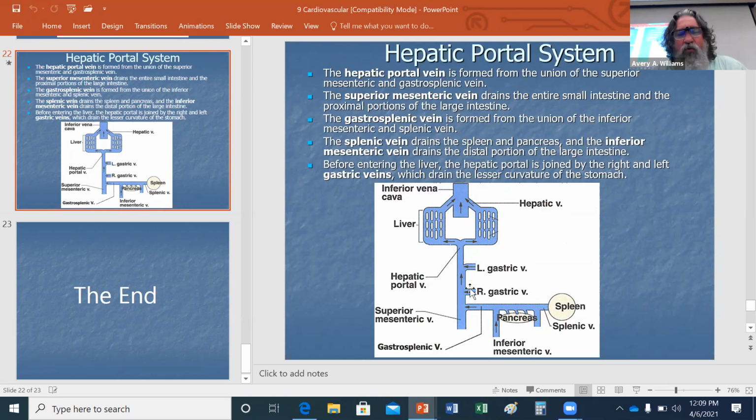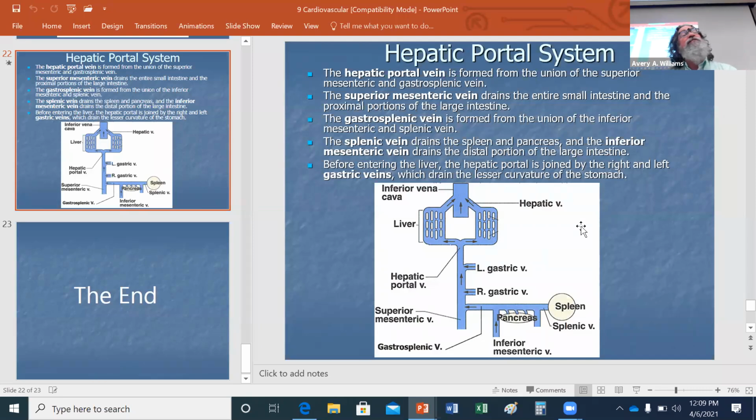And I said the hepatic portal is formed from the union of the gastrosplenic vein, this one right here, and then this one right here, the inferior mesenteric vein. And they in turn were formed from this and that and the other and so forth. Like right here, I said the gastrosplenic vein is formed from the union of the inferior mesenteric vein right here and the splenic vein coming across here from the spleen, okay?